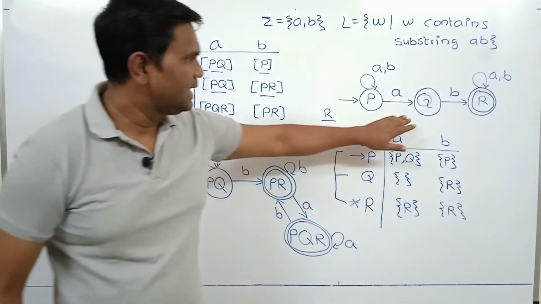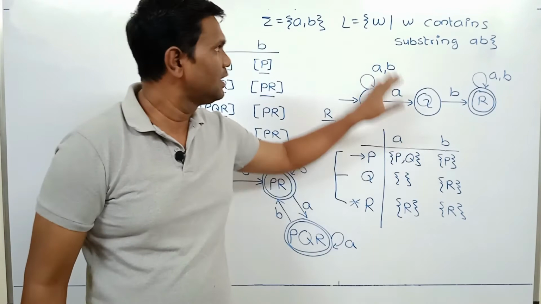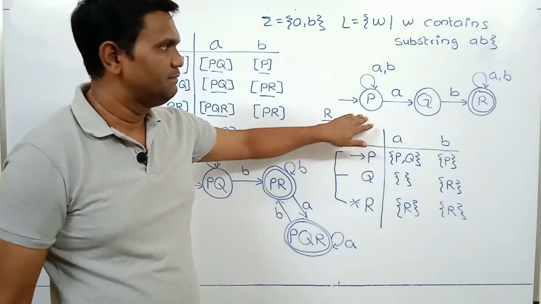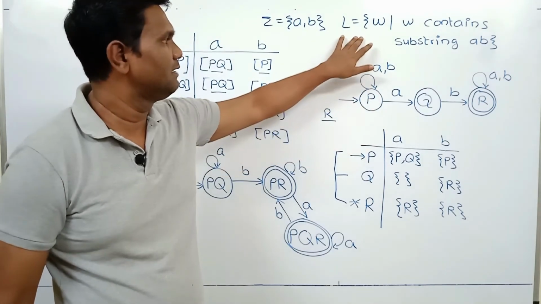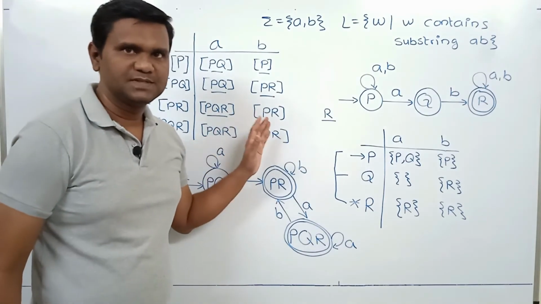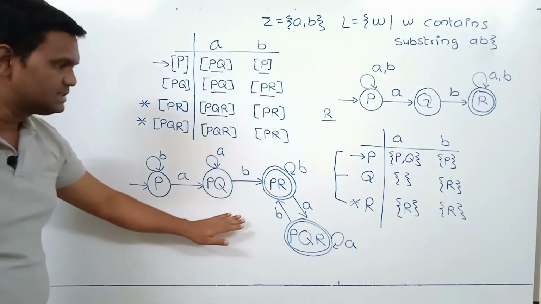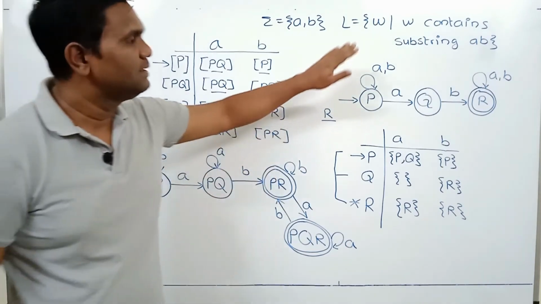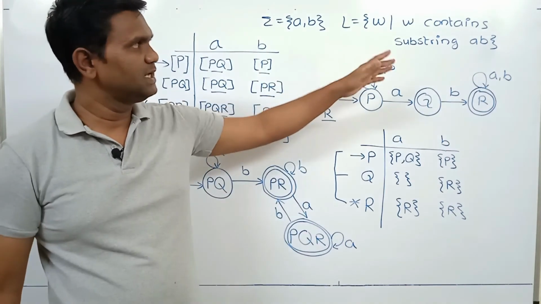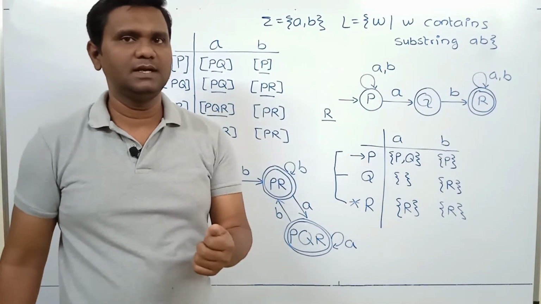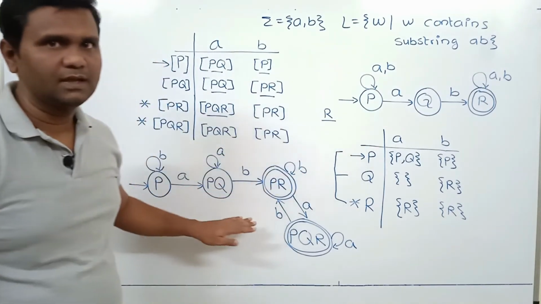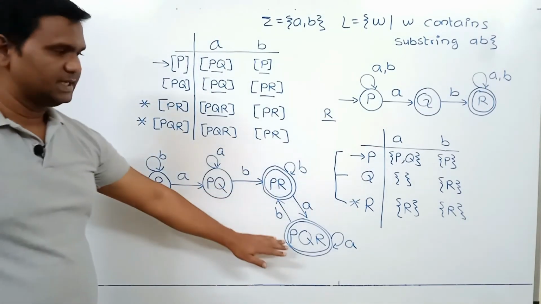Now, if you consider this NFA, this is the NFA for the given language with the minimum possible number of states. When we convert NFA to DFA with the subset construction method, we get this DFA. But we have already studied the DFA for W contains substring AB, and we know the minimal DFA will contain 3 states. But here we converted NFA to DFA and got 4 states.